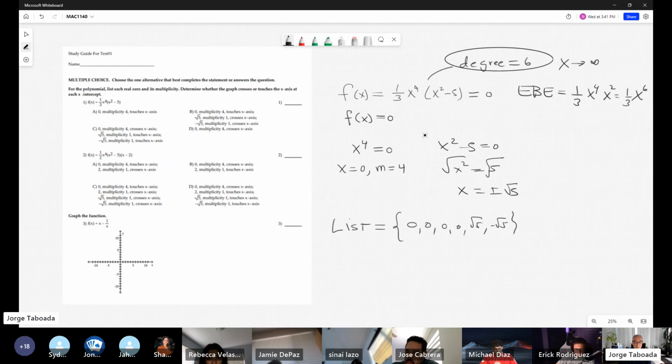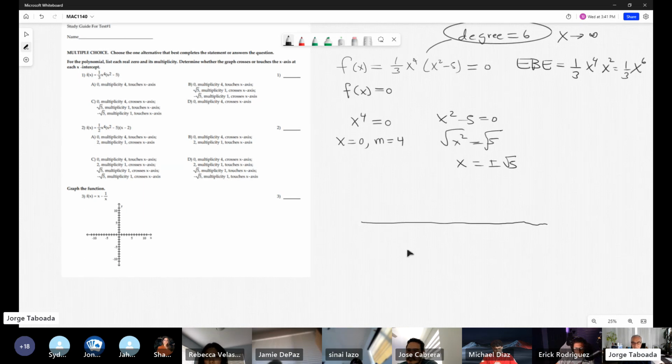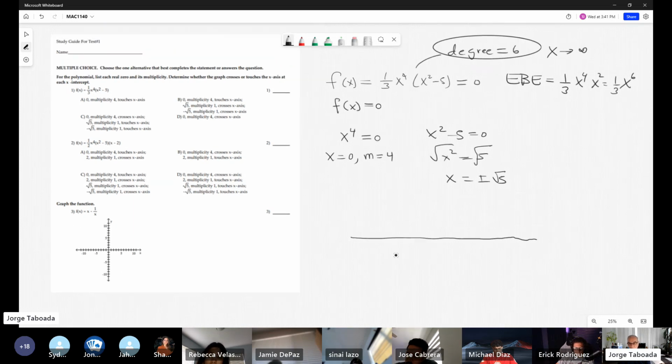Remember, if the multiplicity is even, touch. In my opinion, the graph of this polynomial by hand, not necessarily decimal now, is not a question, but I want to discuss it because I want to clarify this idea. Look, the end behavior, I suppose, is degree 6 and the coefficient is positive, so it looks like that.